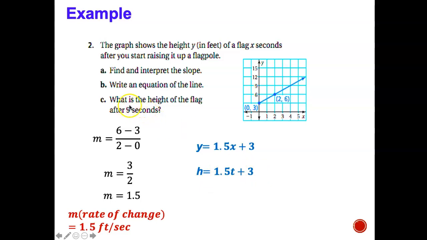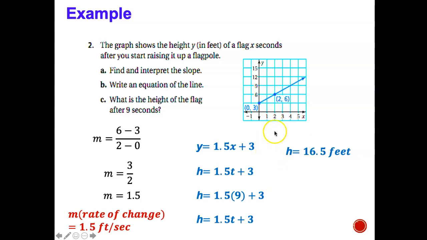Now the question in C is, what is the height of the flag after 9 seconds? I know the time is 9 seconds, so I can replace t by 9. Height is equal to 1.5 multiplied by 9 plus 3, which gives us 16.5 feet. So at 9 seconds, it's at 16.5 feet.